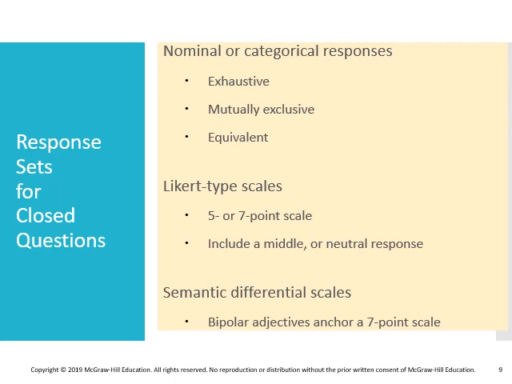And the semantic differential scale, same thing, it also usually comes with a 7-point scale. But what's different about semantic differential scales is that they usually use 2 extreme adjectives to compare.